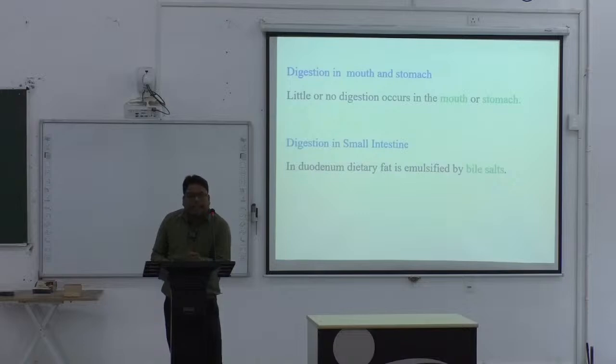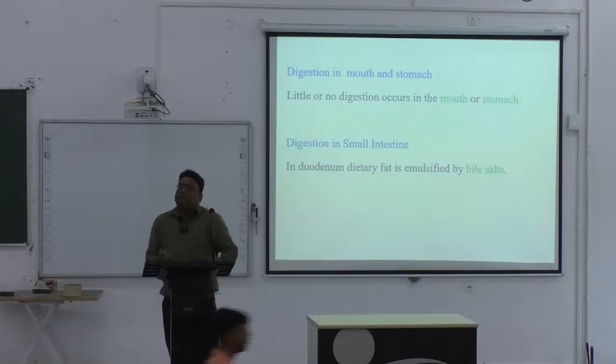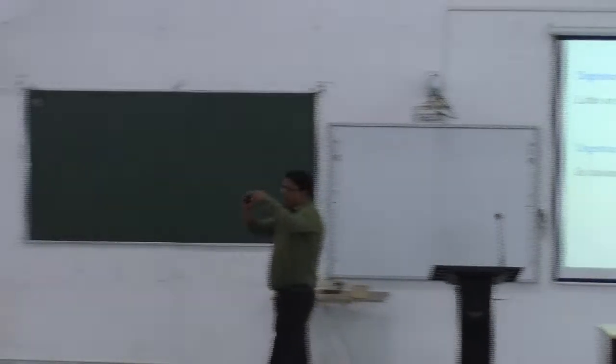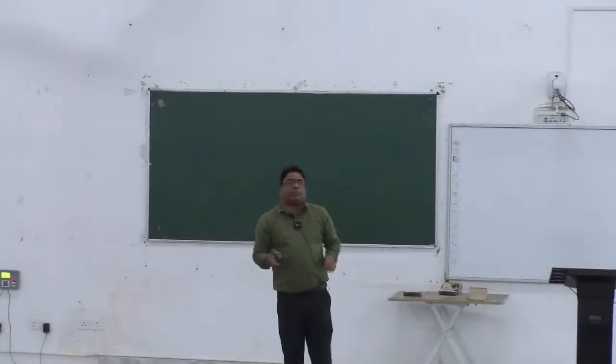Have you done the Hay's sulfur test? What is the property of bile salt? Yeah, they break down the surface tension. Similarly in this molecule, they break down the surface tension, and there is an esterification process.